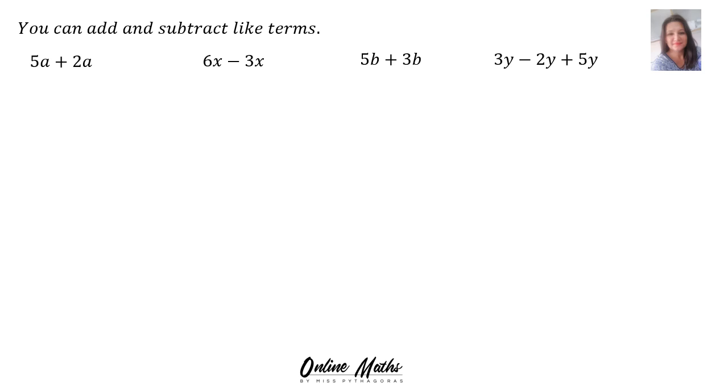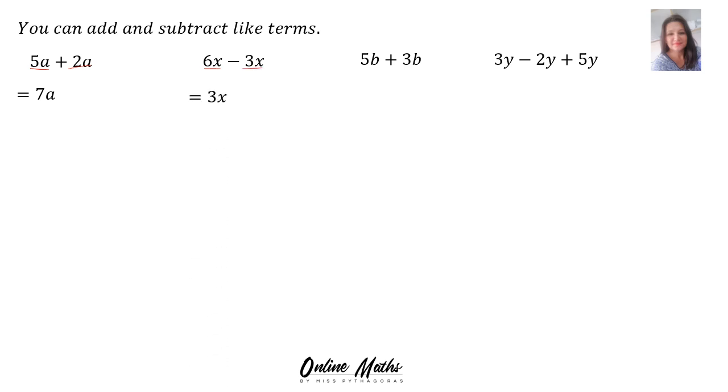When you look at this first sum, 5a plus 2a, they are like terms, therefore we can add them. So we will simply say 5a plus 2a is 7a. On the next one, 6x minus 3x is 3x. Can you see?